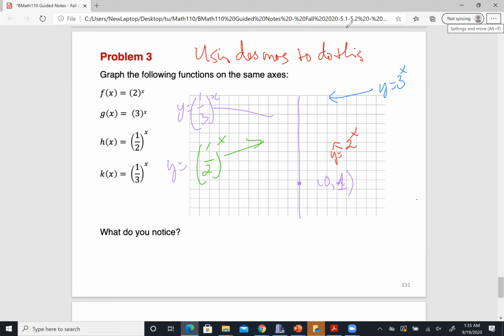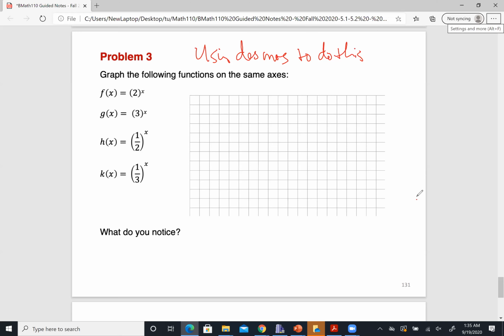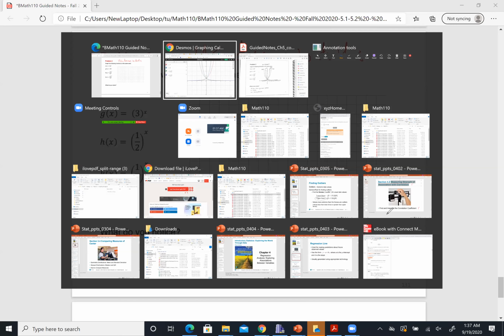You guys are going to use Desmos to do this. So I have shown you all of that, and what do you notice for this? Okay, so let's come back to Desmos.